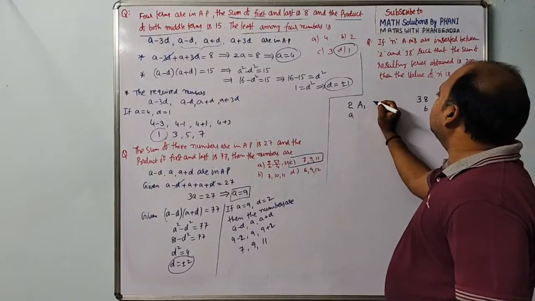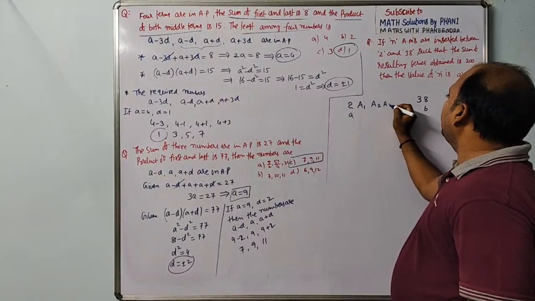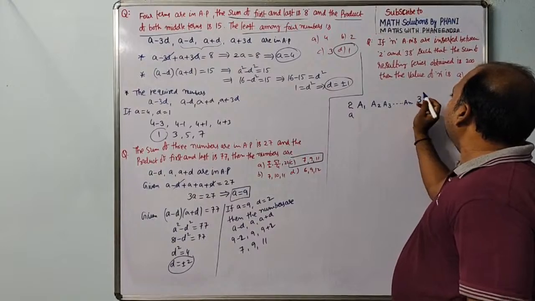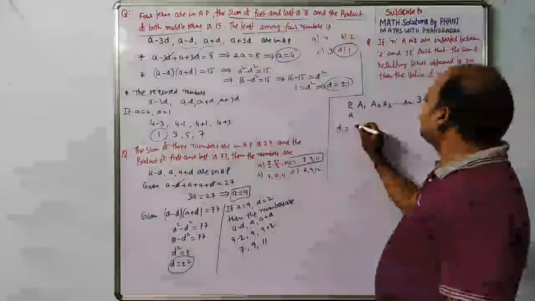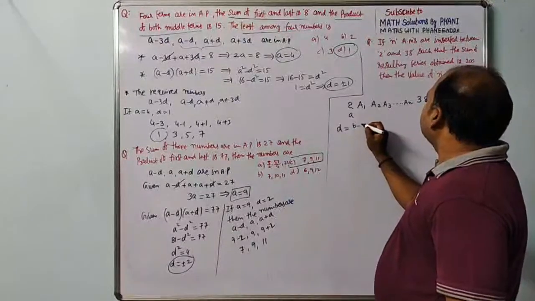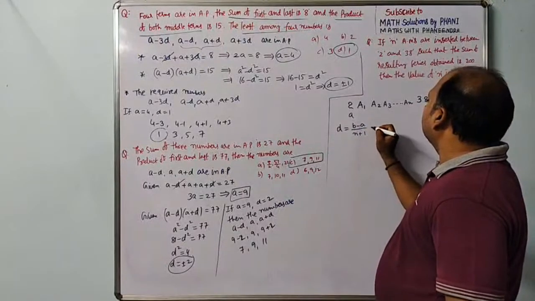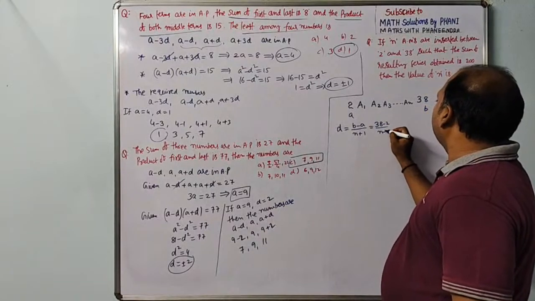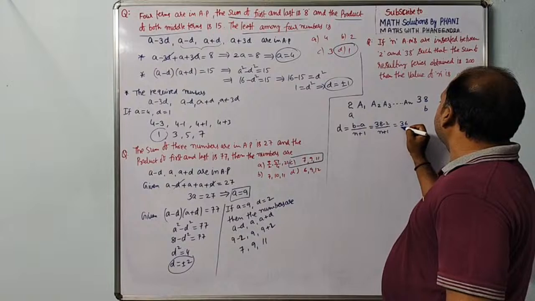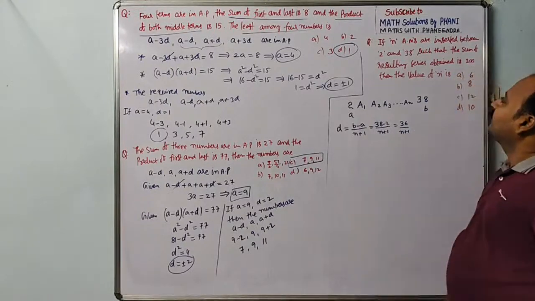N arithmetic means A1, A2, A3 and so on An. So first common difference we need to calculate: D equal to B minus A by N plus 1. So 38 minus 2 divided by N plus 1, which is equal to 36 by N plus 1.